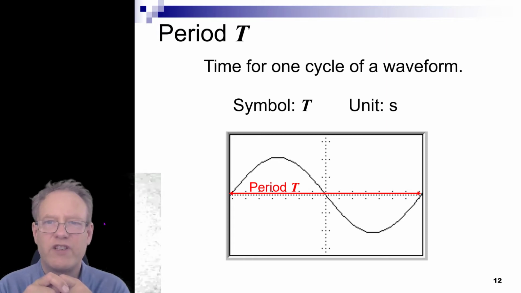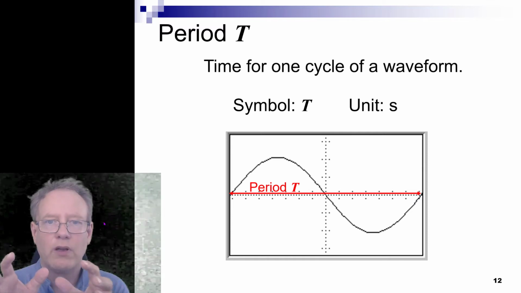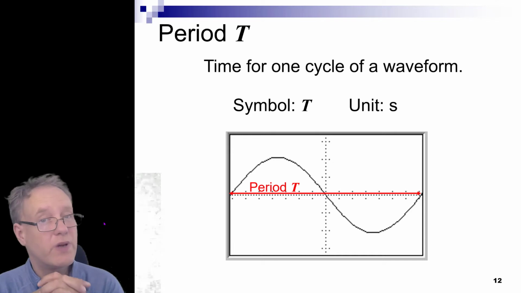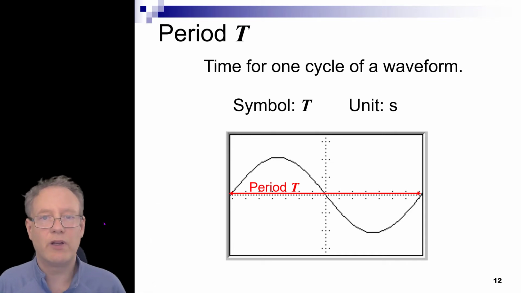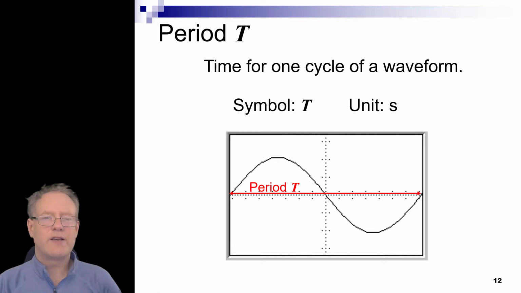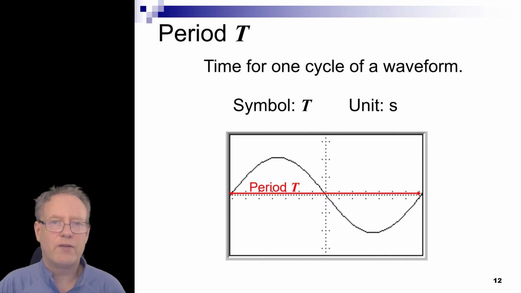It's fine if you're doing physics and you're talking about temperature, but don't use a capital for time. The capital symbol in electronics is for period. It should be a P, but that's already used for power. So it's a capital T.